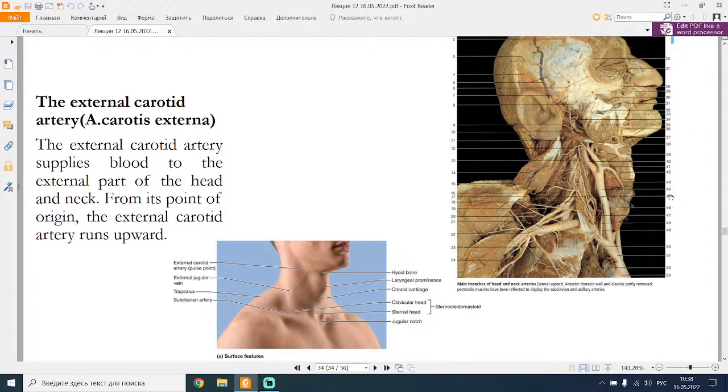External carotid artery, arteria carotis externa. The external carotid artery supplies blood to the external part of the head and neck.